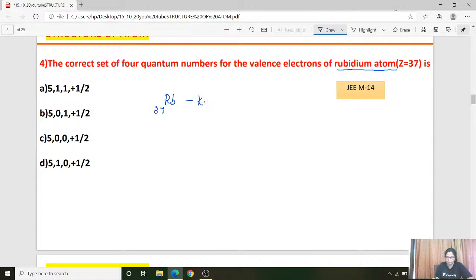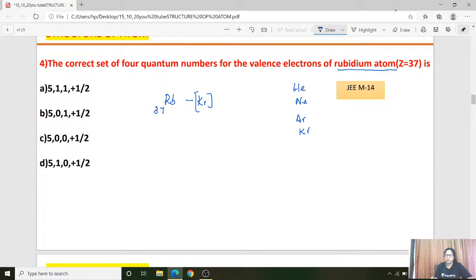So krypton is 36. Now you know helium, neon, argon, krypton, isn't it? So this is 1s2, this is 2, this is 3, this is 4.